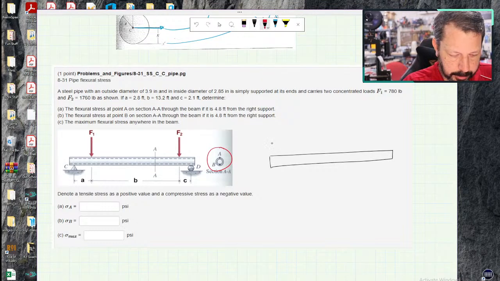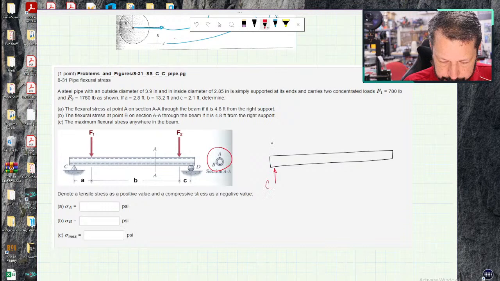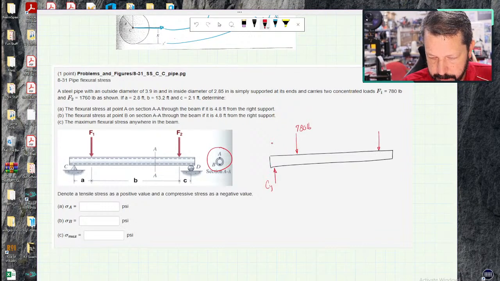So let's just put our dimensions on here and our labels on here. This will be the reaction that looks like it's labeled C, so we'll call it CY. F1 is 780 pounds. F2 is 1760 pounds. And then over here at the roller, I have a dy.